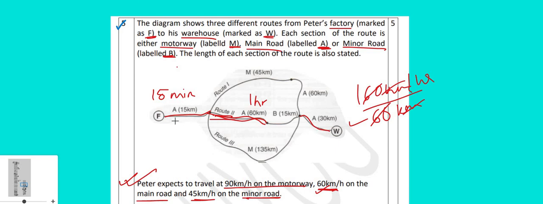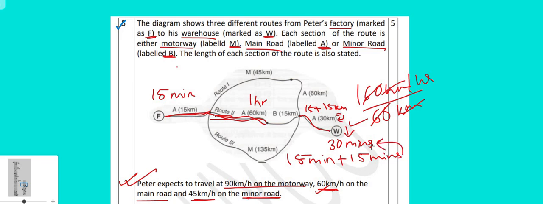If 15 kilometers more are added, 15 plus 15 kilometers, that makes it 30 kilometers. If 15 kilometers took 15 minutes, then 30 kilometers will take 30 minutes, because if we travel 15 kilometers in 15 minutes, we'll travel another 15 kilometers in another 15 minutes, making it 30 minutes.